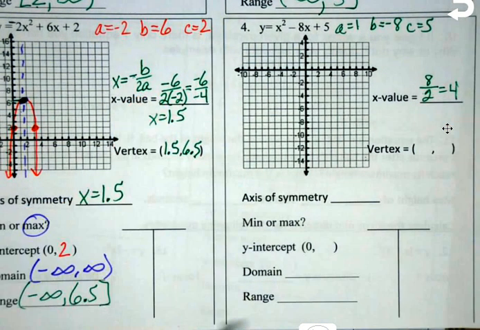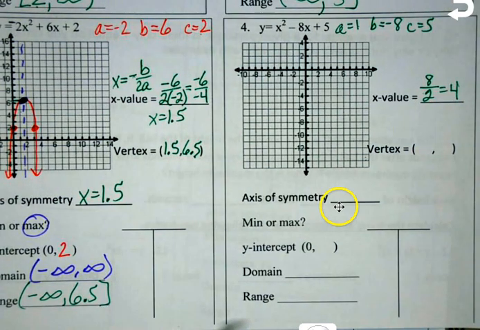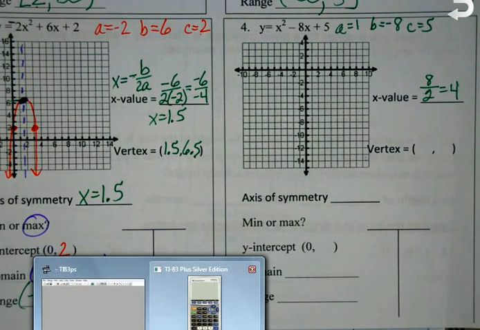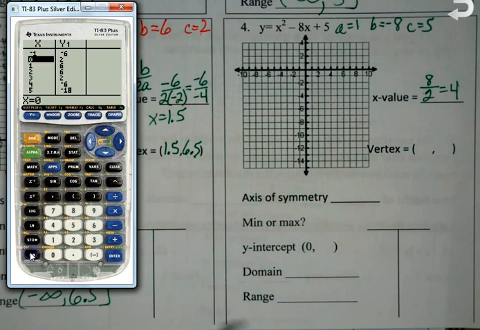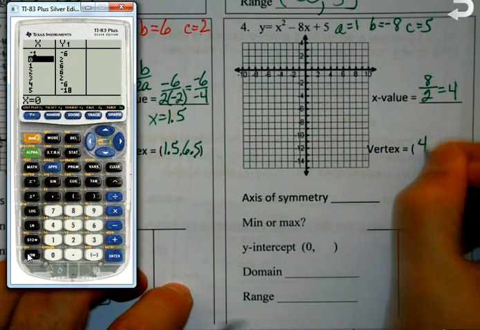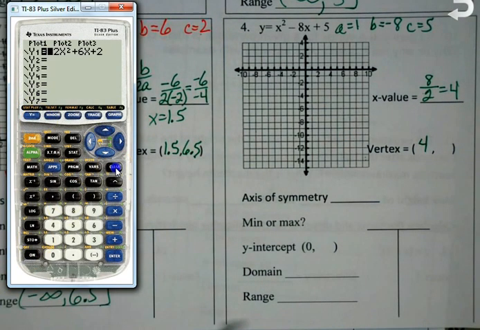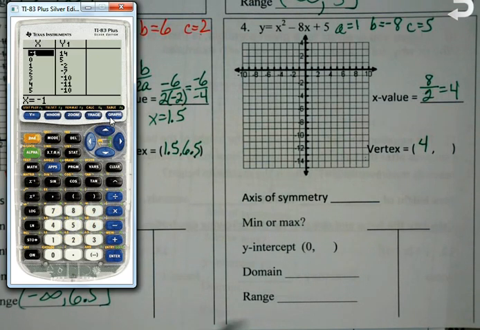So my X value is 4. Now this time, we're going to have a little more flexibility. Because now that I know my X value of my vertex is 4, one option I have, with x squared minus 8x plus 5, is to go to my chart, find my 4, and get it in the middle.